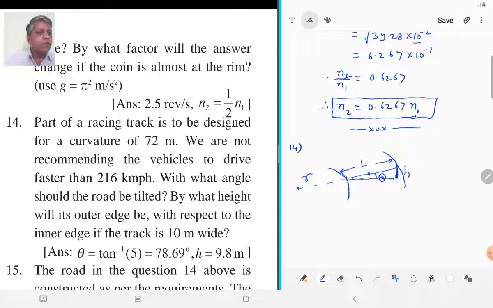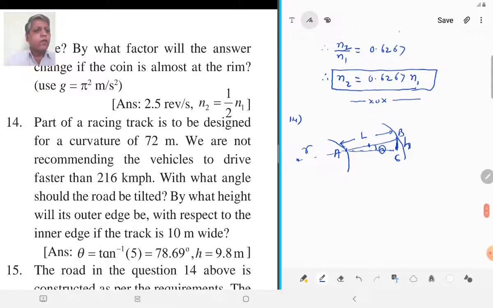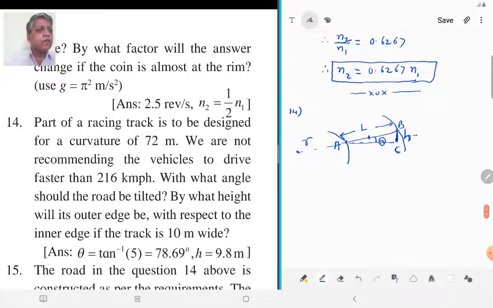This height is considered H. The road surface is represented by AB and the height is considered BC. Then we have to find the value of H as well as the angle of inclination.